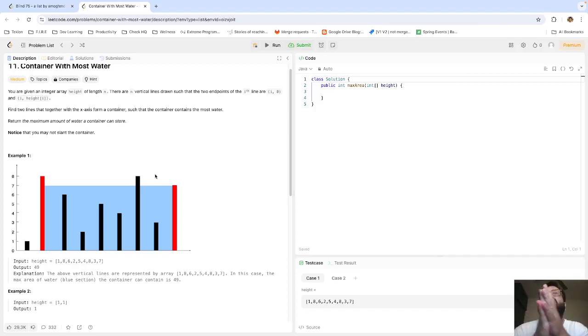We need to keep track of all the areas, right? One area is this.